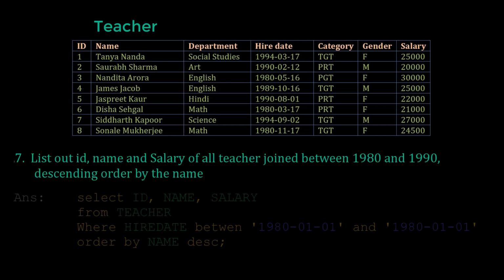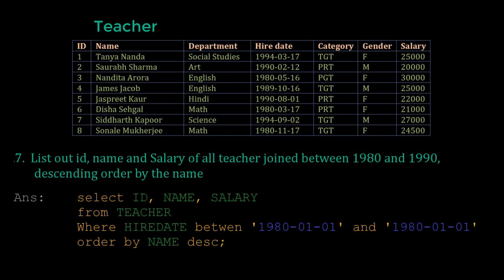Answer is select ID, name, salary from teacher where hire date between 19800101 and 19901231. I have written here the first date of January because we want the records from 1980, and here I have written the last date of December because we want up to 1990. That's why. And here between is an operator that checks the result within a range.